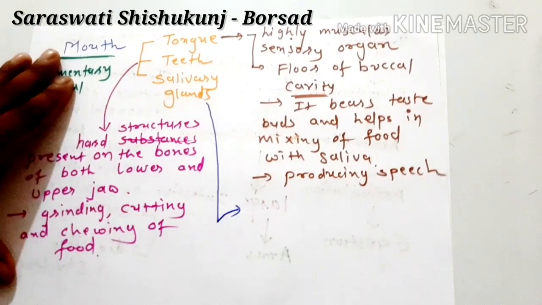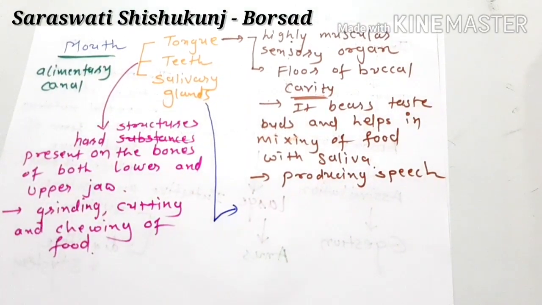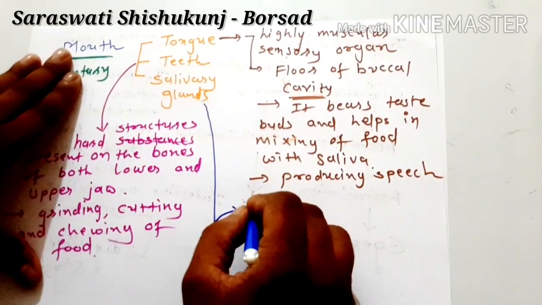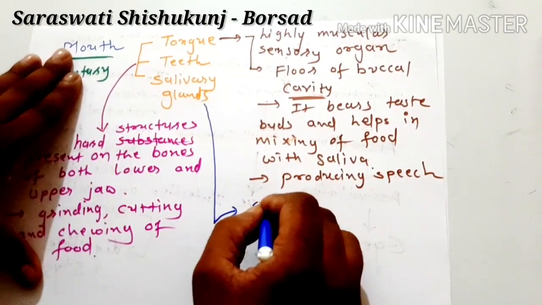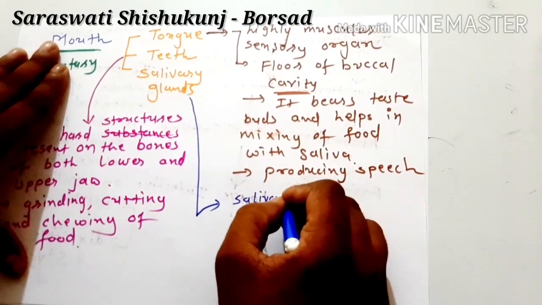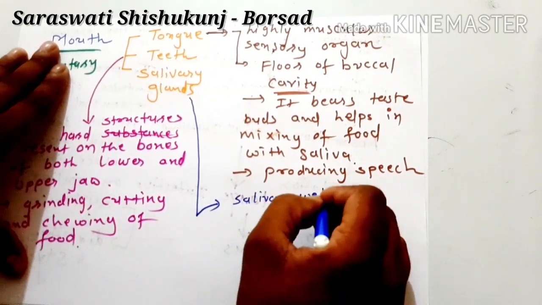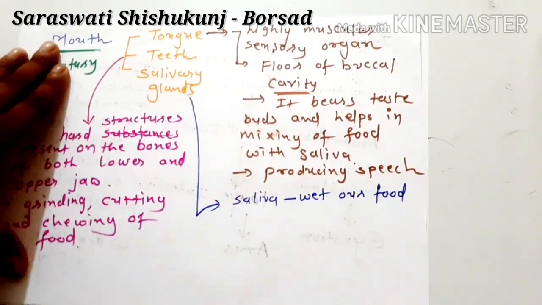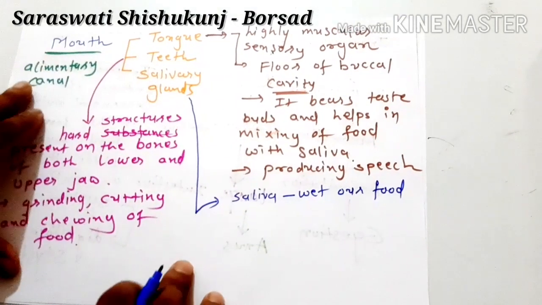Now see how the salivary glands are useful to us. Salivary glands secrete saliva. What is the function of saliva? It makes our food wet. Our food gets wet with the help of this saliva.